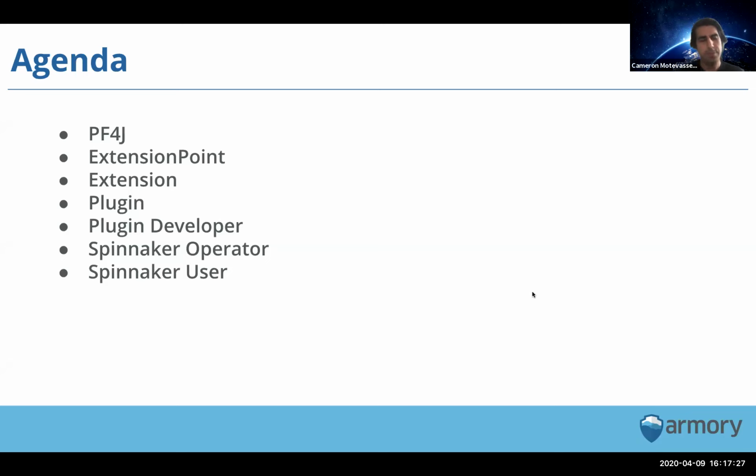Cool. So for Spinnaker, we're using this framework called PF4J, and let's just take a quick look at that. Let me pull up Chrome so I can show y'all what this framework is. PF4J is very aptly named, it's called Plugin Framework for Java.